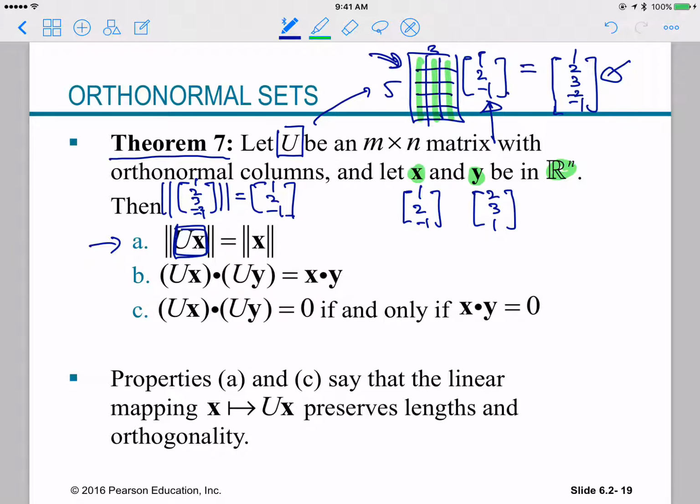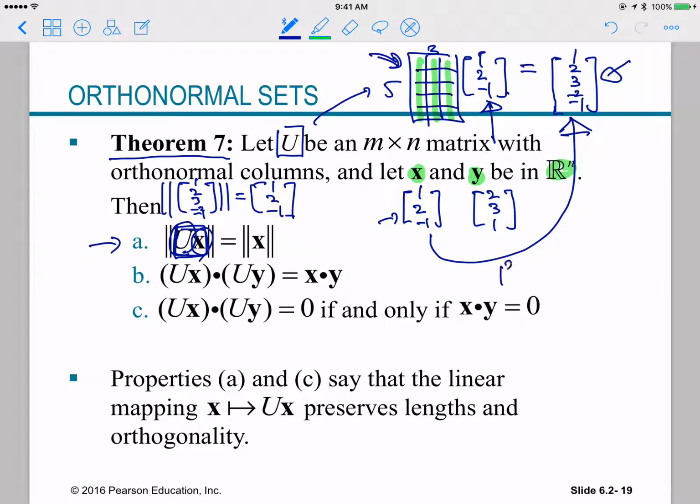When multiplying it with some vector, it doesn't change the length, although it changes the dimension: it turns a three-dimensional vector into a five-dimensional vector, but the overall length remains the same.